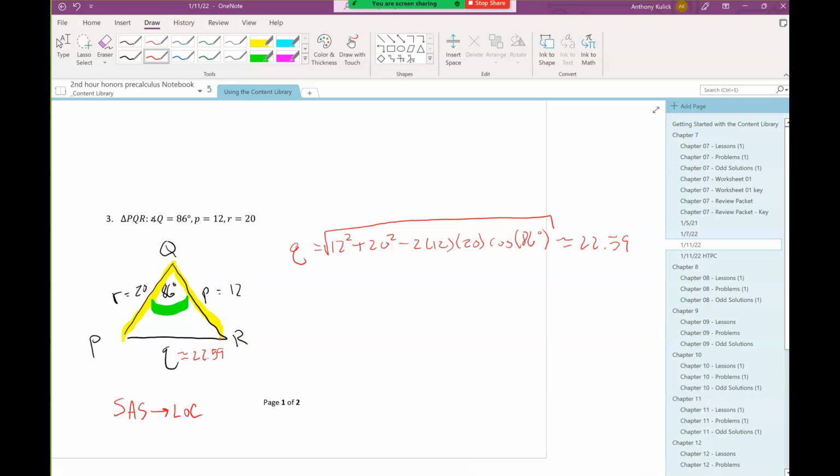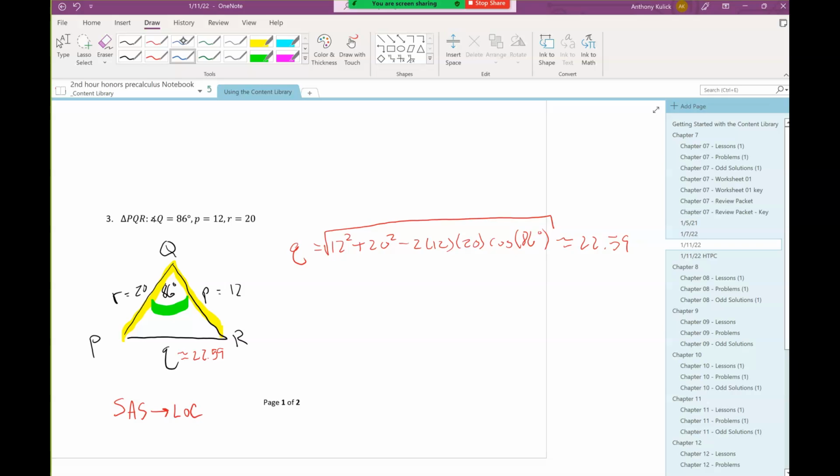Okay, so now I'm going to use the law of sines to either solve for angle P or angle R. Does it make a difference which one I do first? Yes, if we want to keep our life simple, because I'm a simple guy, I like a simple life, right? My life's complicated enough. I don't need to make my math more complicated.